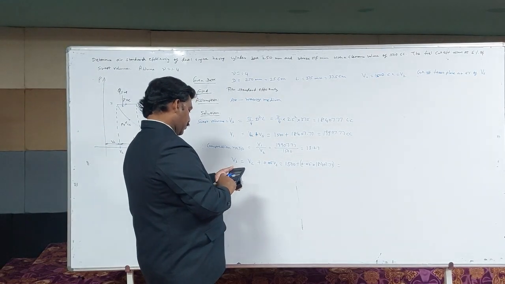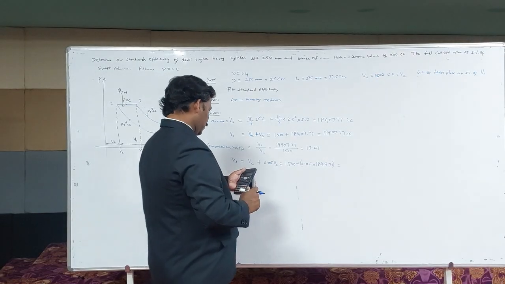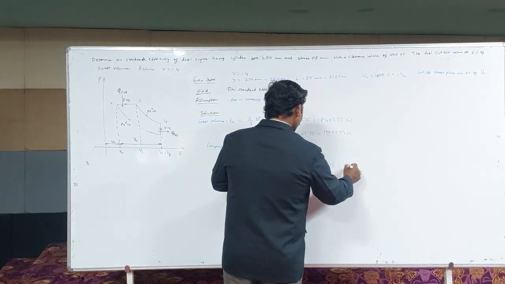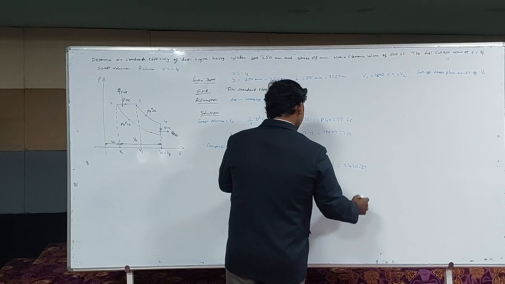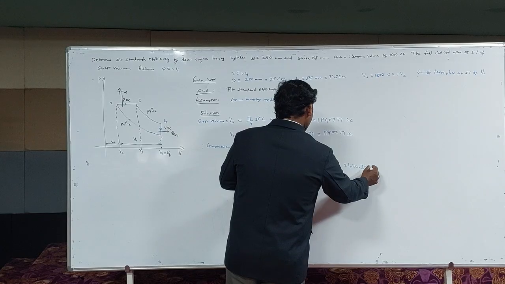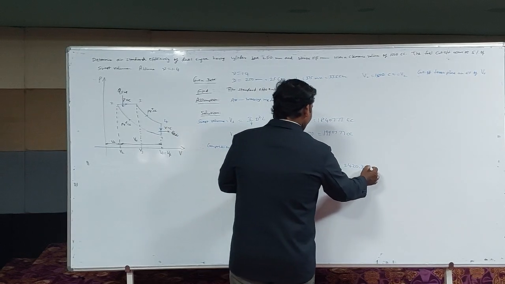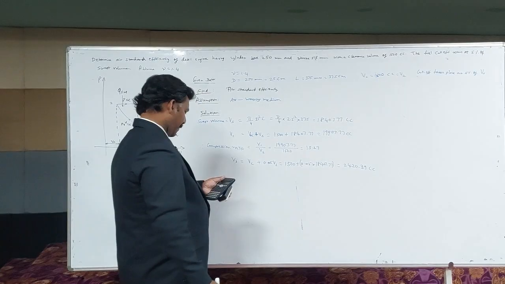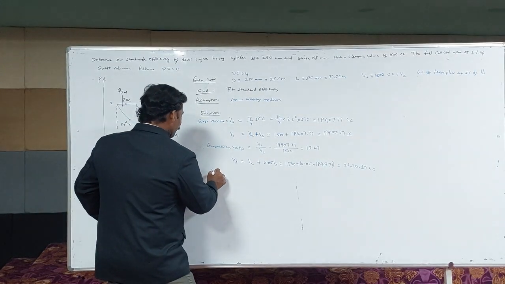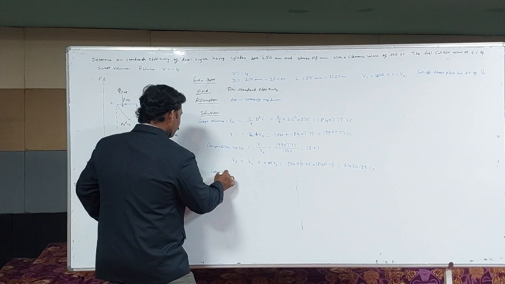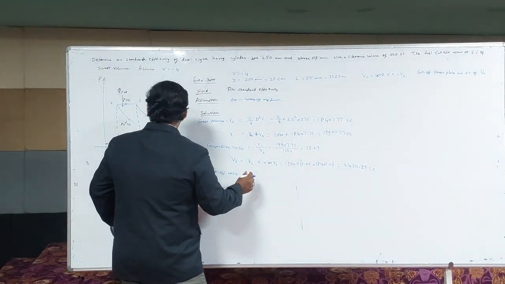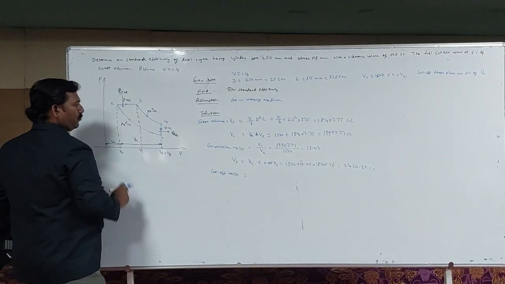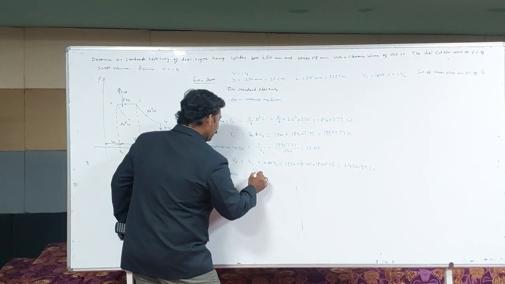You get 2420.39 cc. Now the cutoff ratio is equal to V3 by V2.